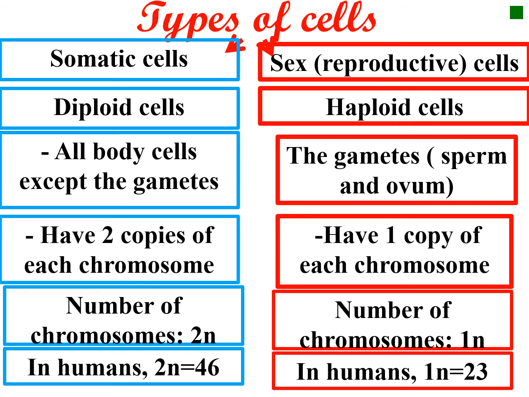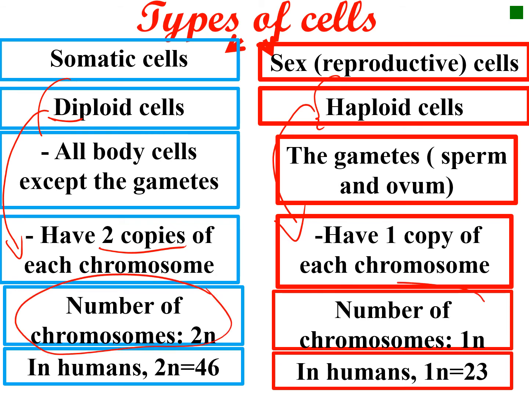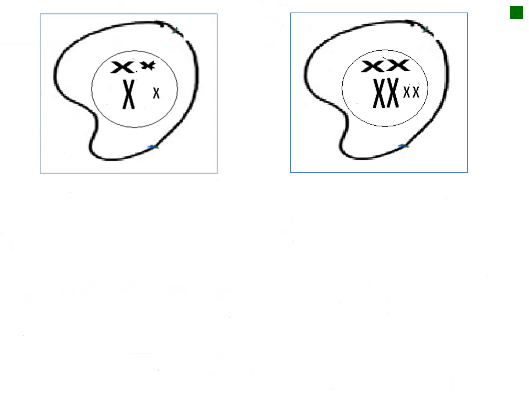Somatic cells are diploid, meaning that we have two copies of each chromosome, while haploid cells have one copy of each chromosome. The number of chromosomes is 2n for diploid and 1n for haploid. In humans, 2n equals 46 and 1n equals 23.